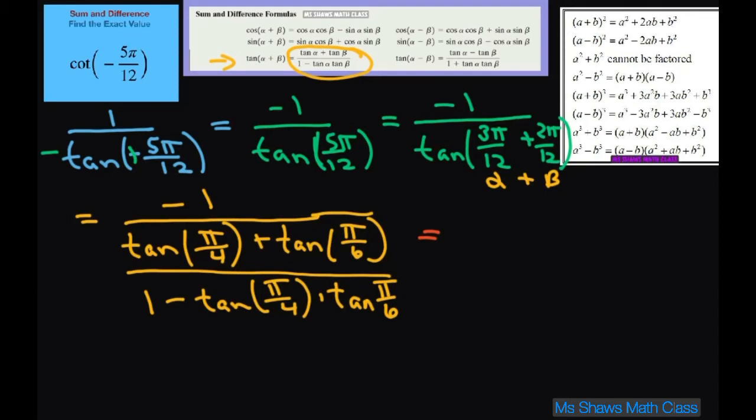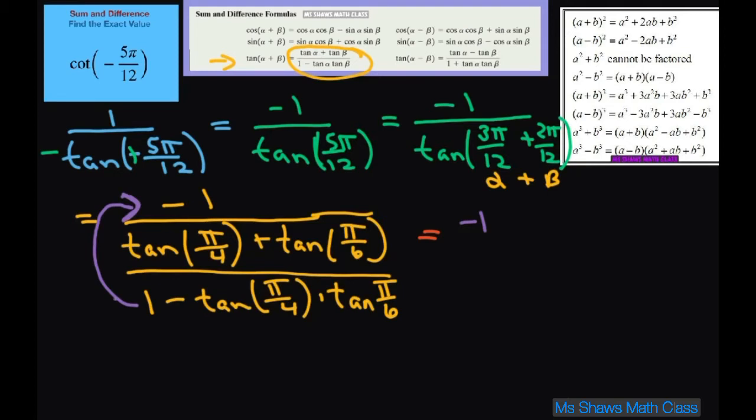If you want, we can flip this and move it up to the top, so we aren't dealing with a complex rational. I'm going to just move this up here because that's what that means.